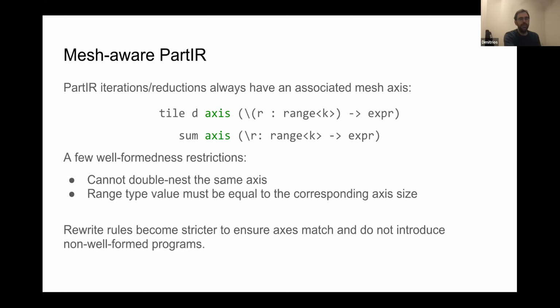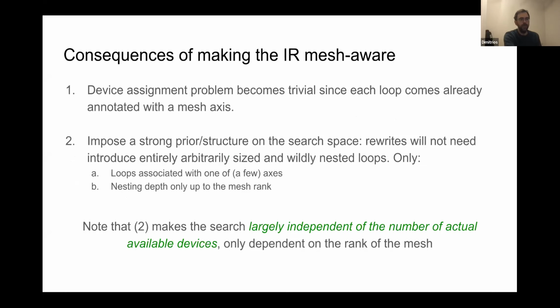So in other words, we severely restrict the kind of loops that we can write in this language. This has several consequences. Most of them are good. Some of them are maybe bad and unexplored, but most of them are good. The device assignment problem becomes trivial, because each loop comes already annotated with a mesh axis.